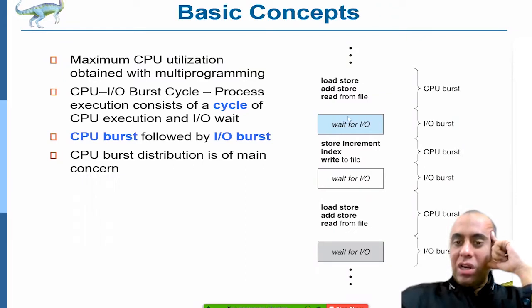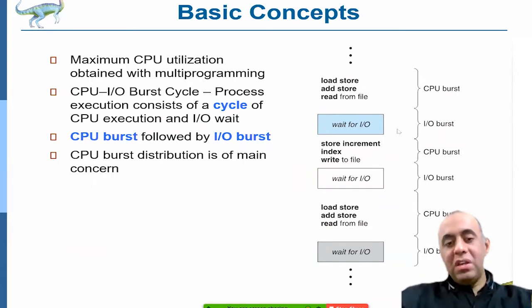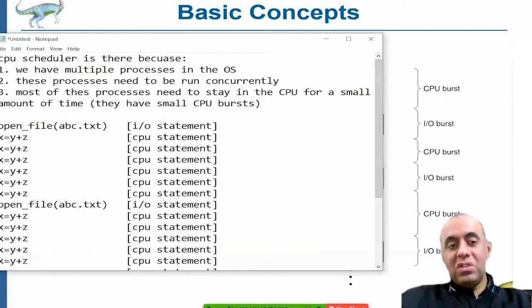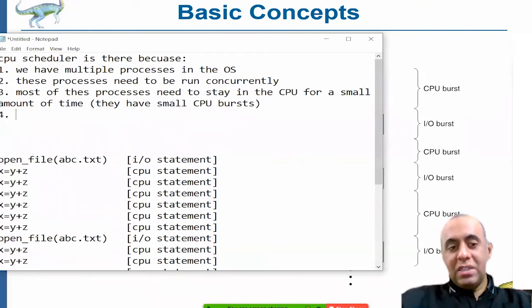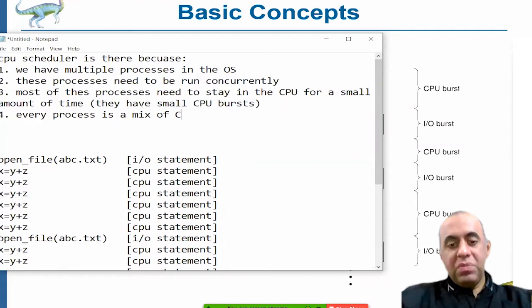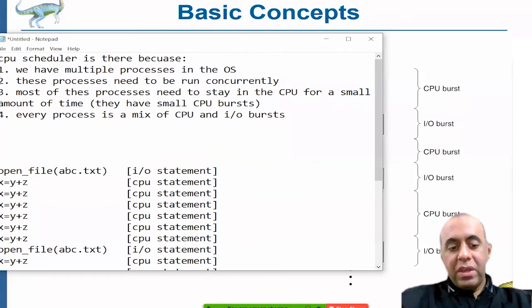All the time a program takes waiting for its IO is called an IO burst, and a single group of instructions which leads to a time unit for which the program stays in the CPU is called a CPU burst, right? So this would be another reason for the CPU scheduler to exist, because every process is a mix of CPU and IO bursts.